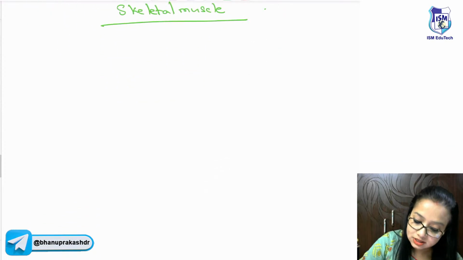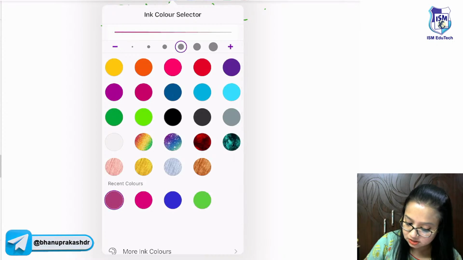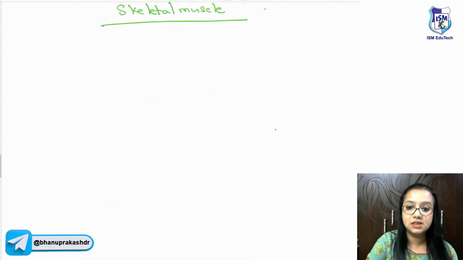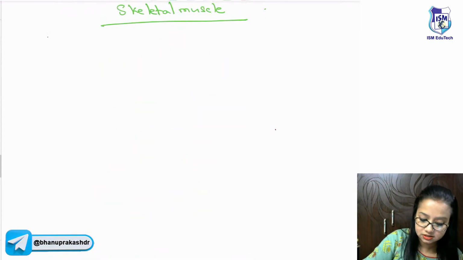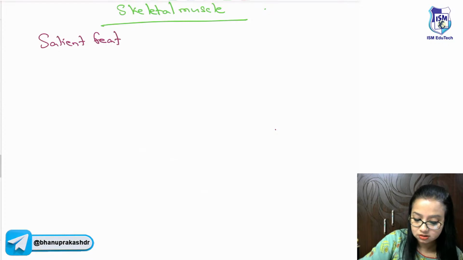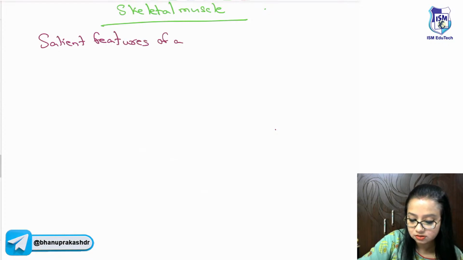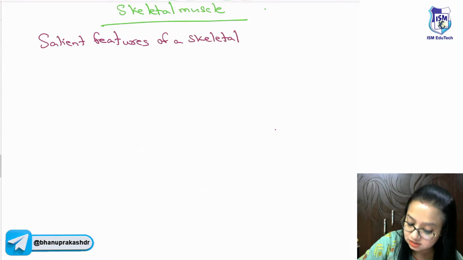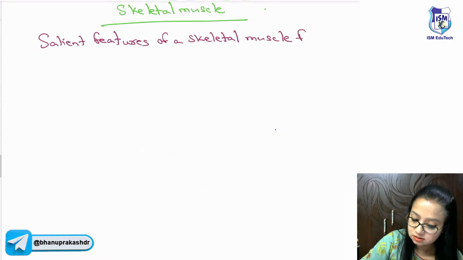Now, what are the salient features or general features? Salient features of a skeletal muscle fiber.